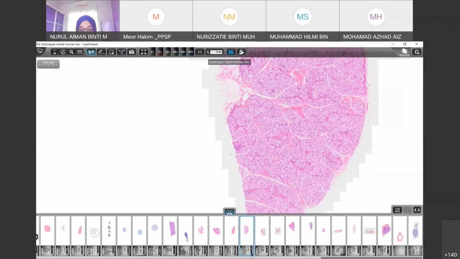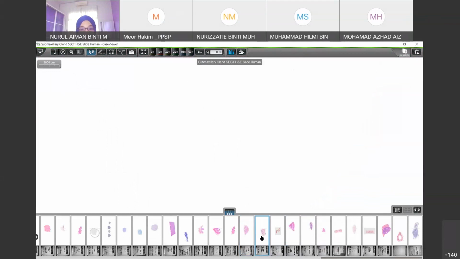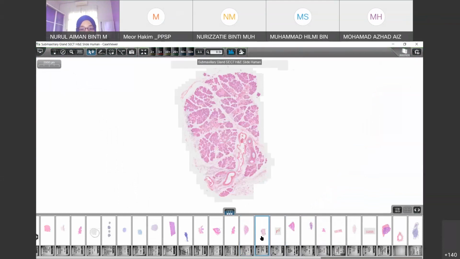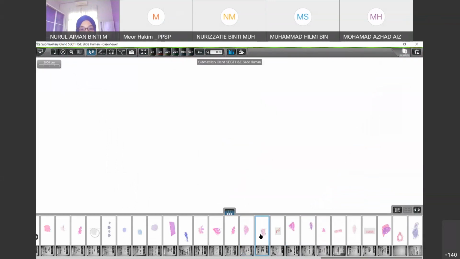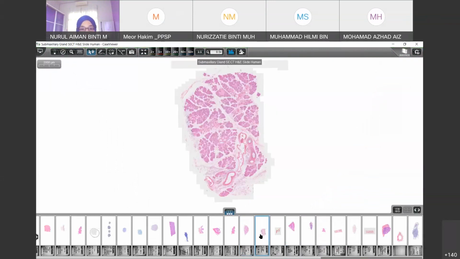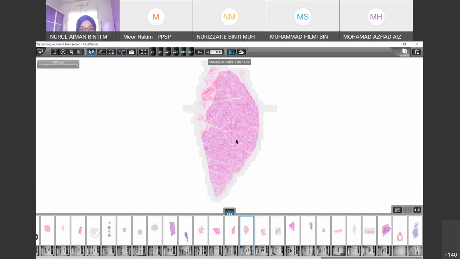I can't see the small slide number. Submaxillary. Which one is more intense? This one. In this one, the population is less, but the color inside is more intense, right? If you compare with this one, the color inside is lighter.